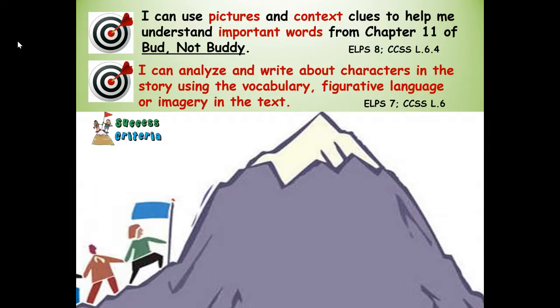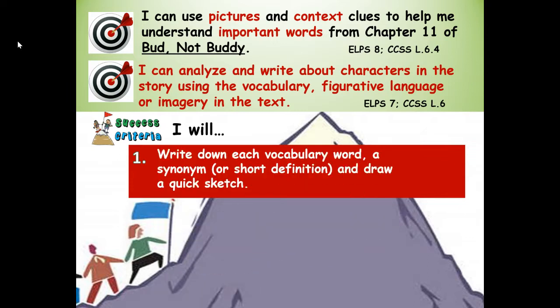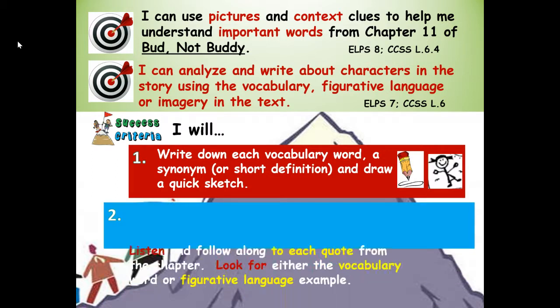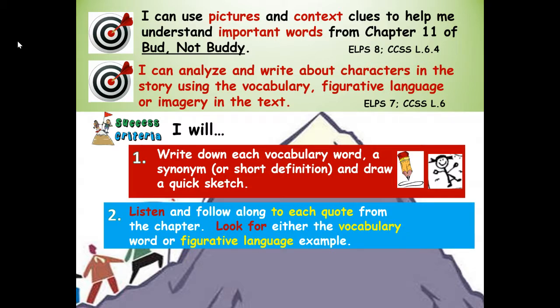So, success criteria. You may say, Mrs. Pearson, how on earth can I be successful at reaching those 2 learning targets? Well, here are our steps to success. Number 1, I will write down each vocabulary word, a synonym or short definition, and draw a quick sketch. Number 2, I will listen and follow along to each quote from the chapter.